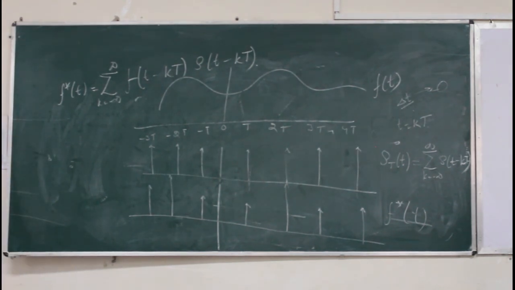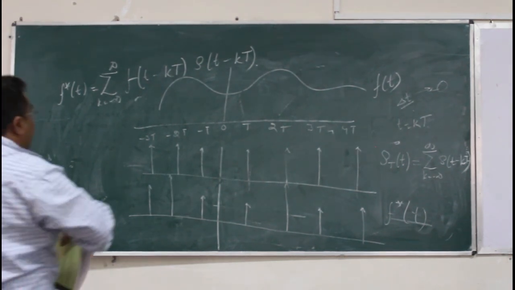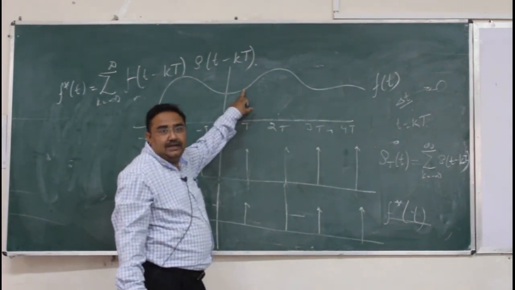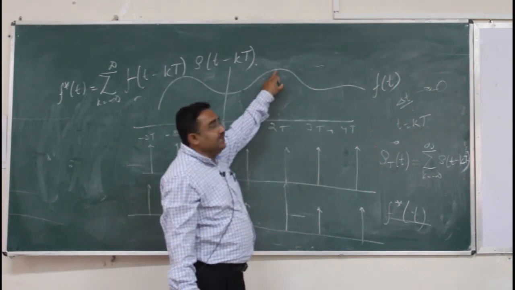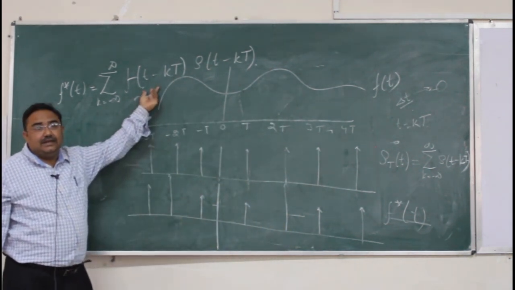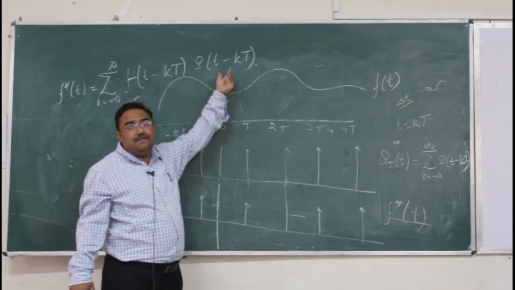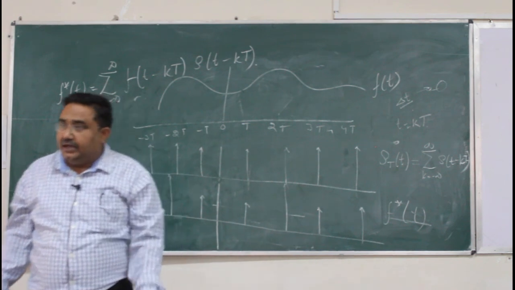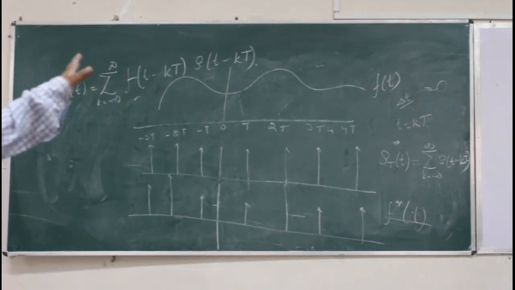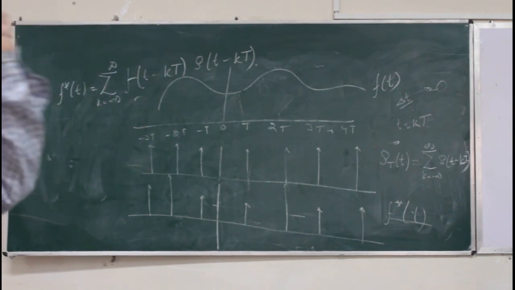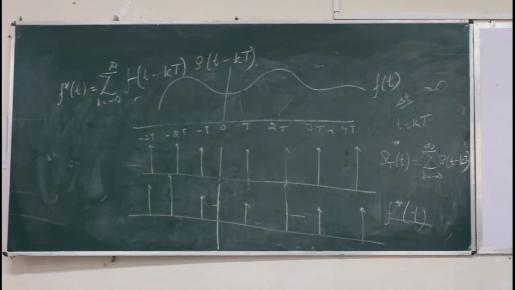Do you agree? Because I will be getting here the output of this only. At 2T I will get this much output only. So I have chosen f(t minus kT) multiplied by the unit impulse delta t minus kT at that particular instant. Clear or not? Okay. So this is the mathematical representation of a sampled signal. It is clear or not?